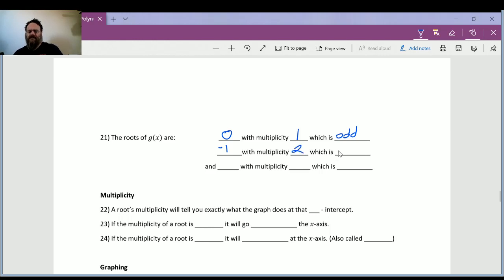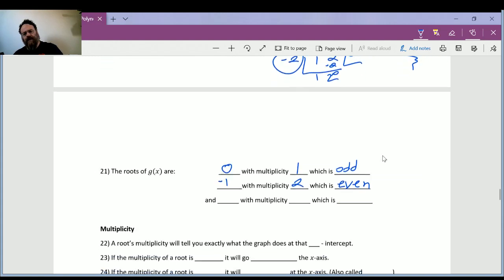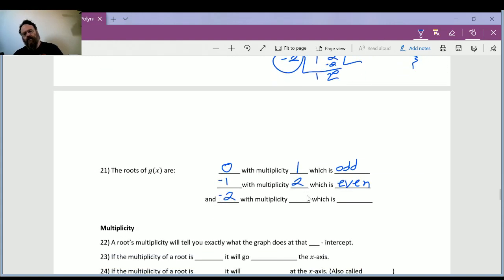And 2, last I checked, was an even number. And then finally we found the number, what was it, -2? Yeah, -2. It worked 1 time, so multiplicity of 1, which is an odd multiplicity.